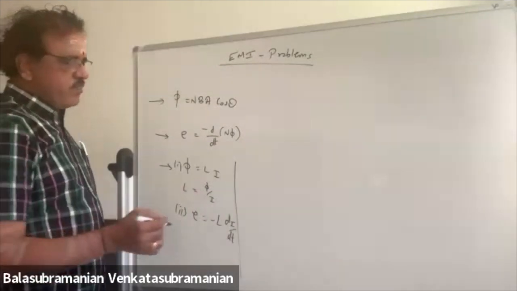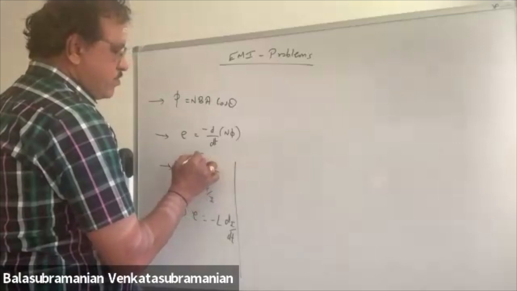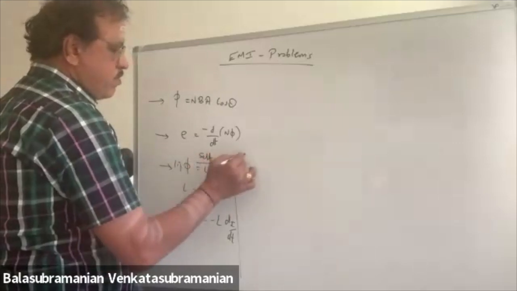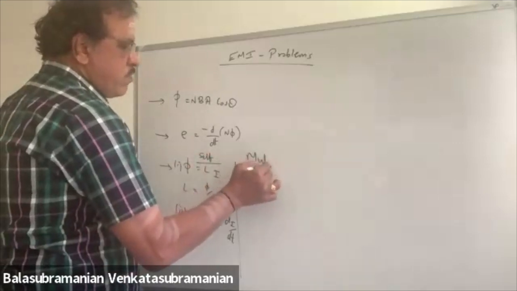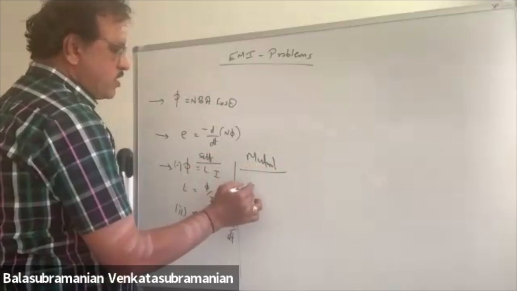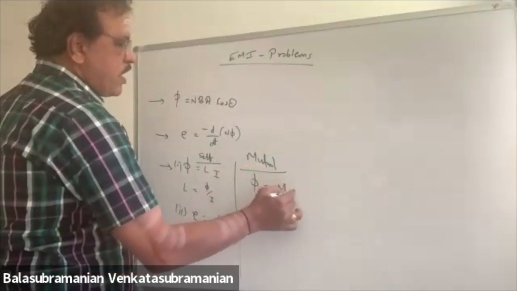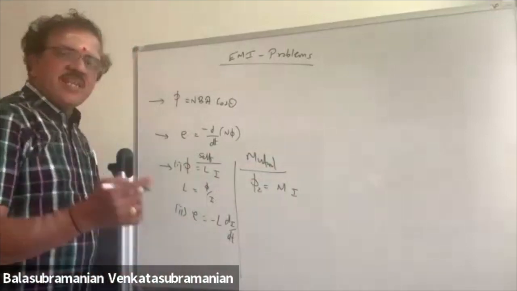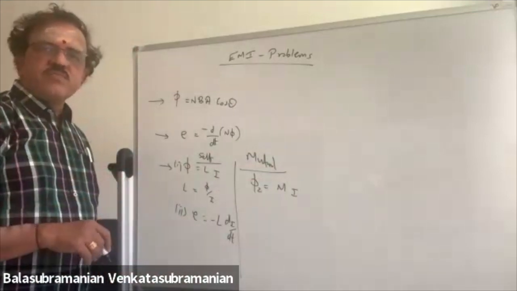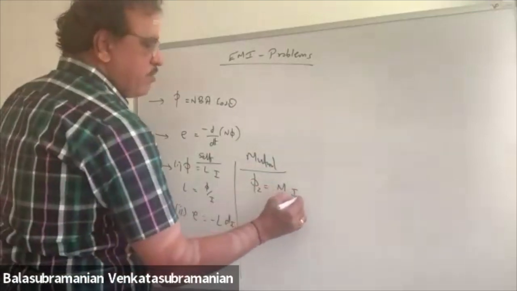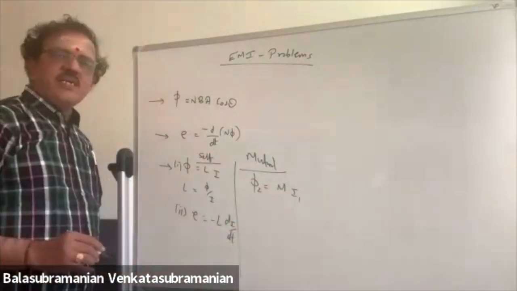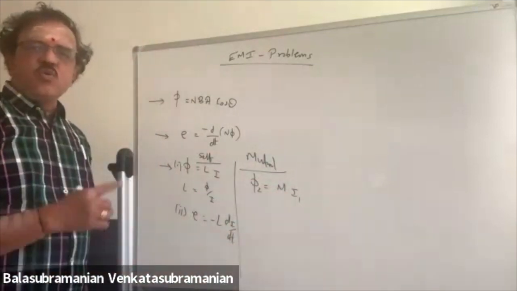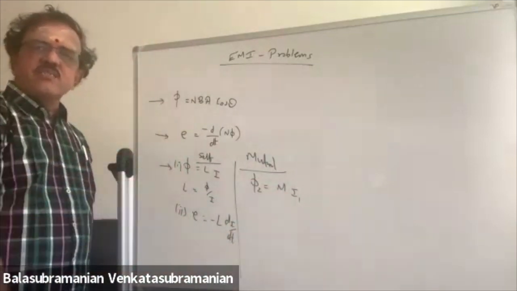In the case of mutual induction, the basic formula is phi is equal to Mi. Phi 2, the magnetic flux linked with the secondary coil, is equal to M i1, the current passing in the primary coil. 2-1, 1-2, like that we can write.